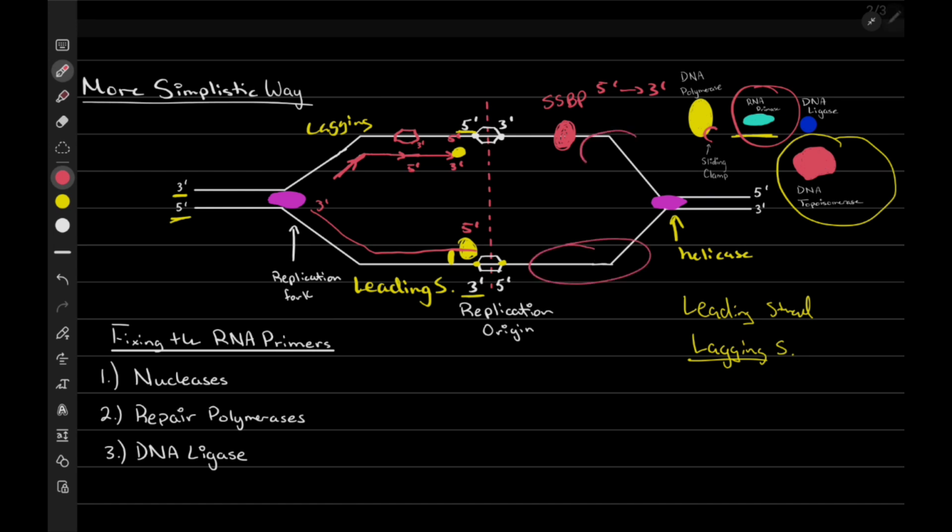So these two strands that we have right here, they want to recoil. They want to come back together and create those hydrogen bonds, because hydrogen bonds are really strong, right? So these single-stranded binding proteins will come in and bind to your two strands and basically stop that from happening.